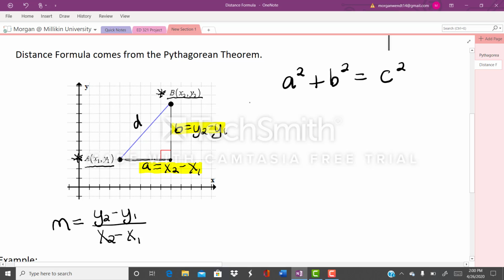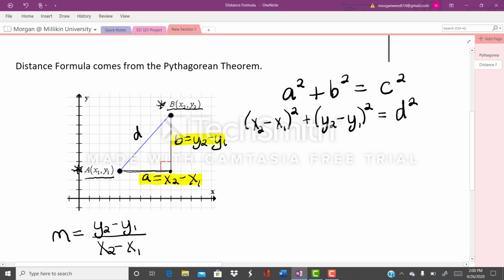So A, we said, was (x2 minus x1) quantity squared, plus B is (y2 minus y1) quantity squared. And since we are looking for the distance between 2 points in a slightly different context, let's go ahead and substitute D in for our C.